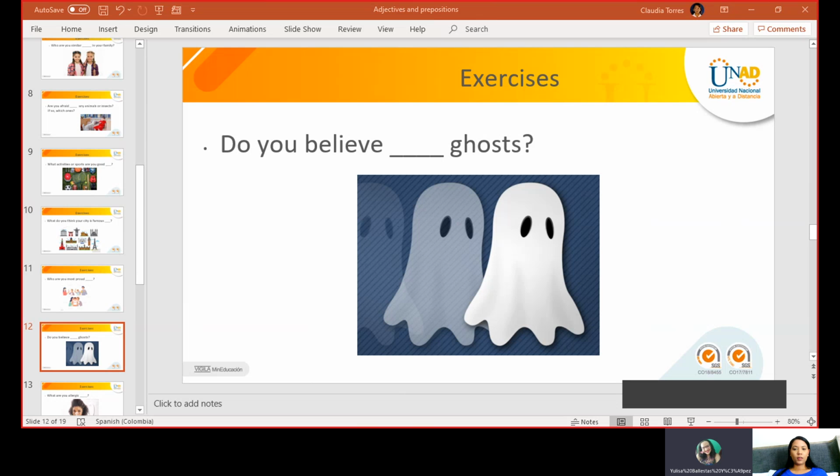The creek. When we believe in good things, we also have to believe in bad things, because there are bad people that always try to kill or hurt people. So I believe in that.